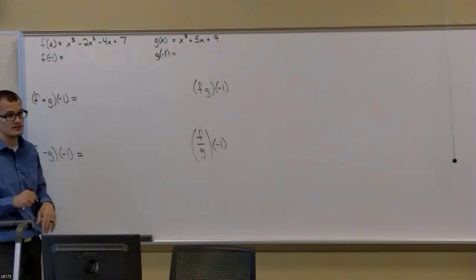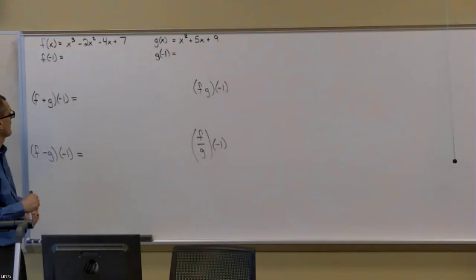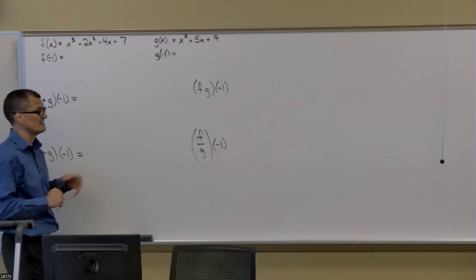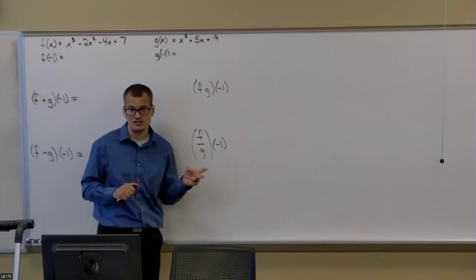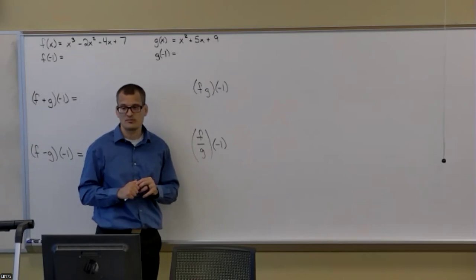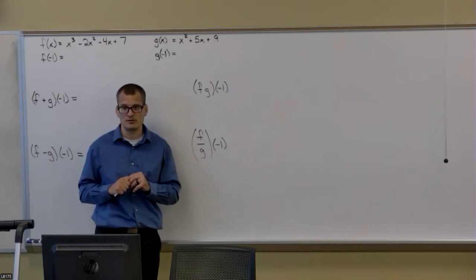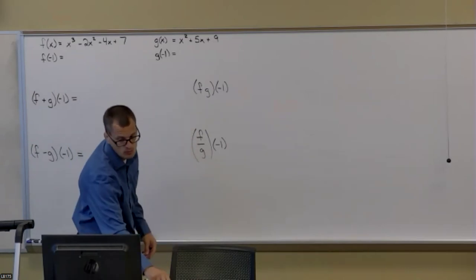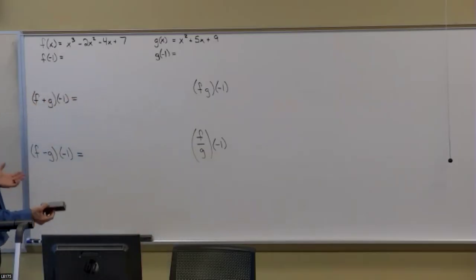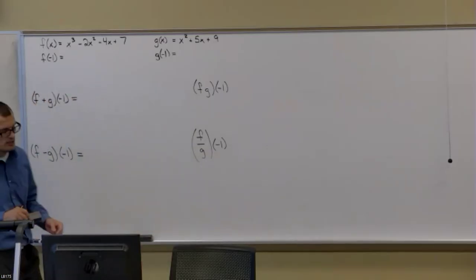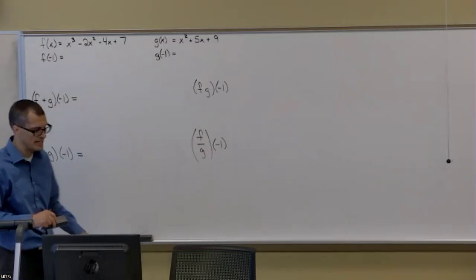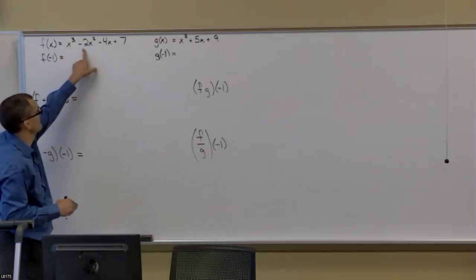But when you're adding and subtracting, it's not a huge deal. If you did want to simplify and rewrite it with division, then you can end up with some messy stuff too. But with the specifics of inputting -1, you can simply plug in -1 into this.